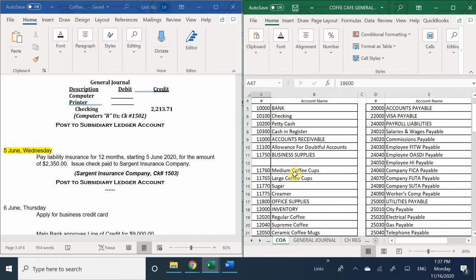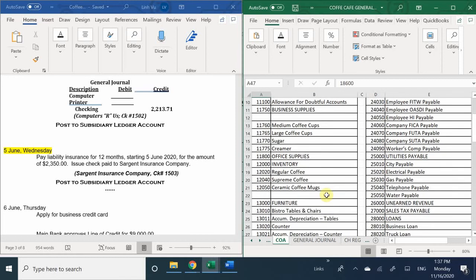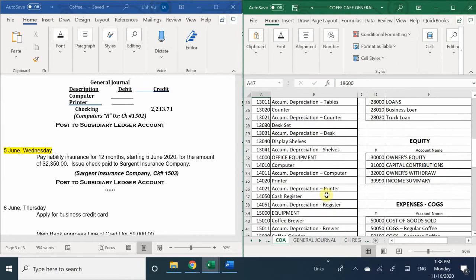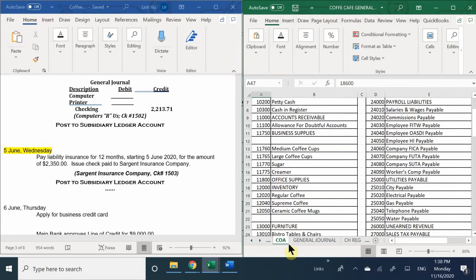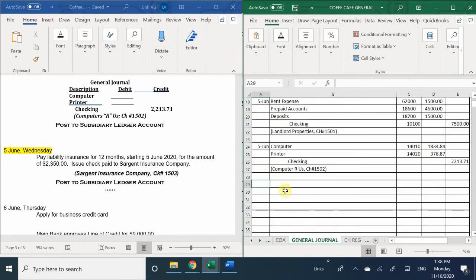So good. Here, prepaid accounts is going to be account number 18600. 18600. Okay, good. So now let's go to our general journal and let's journalize this transaction.